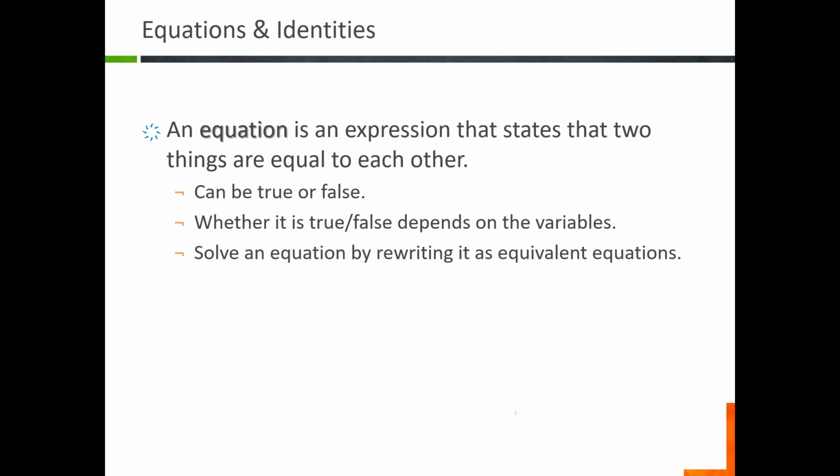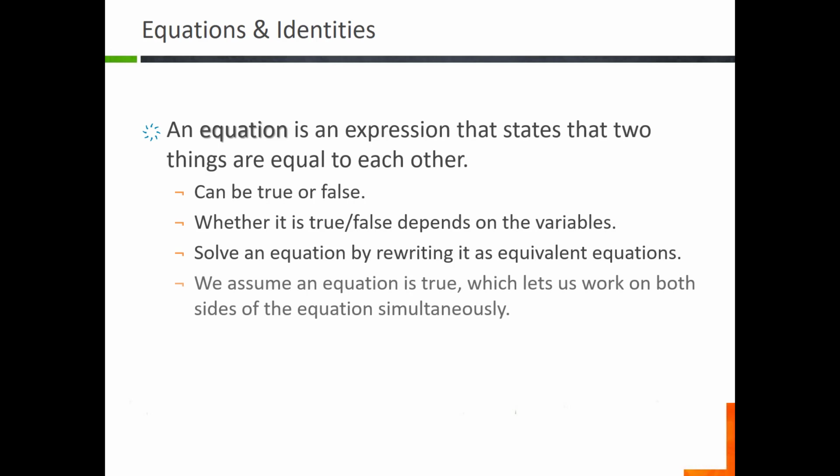When we solve an equation, we are rewriting it as equivalent equations. So when you go through the algebraic process of adding 5 to both sides of an equation, you get an equation that is equivalent to the previous equation. It looks a little different, but it is equivalent, meaning it has the same solutions.